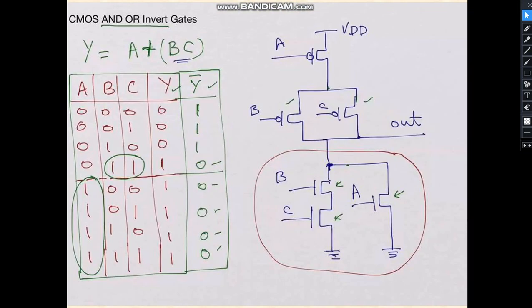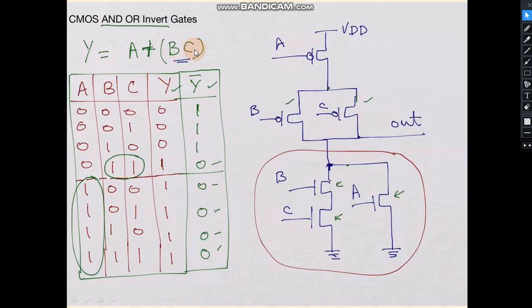This is basically the CMOS implementation of the expression y equal to a plus b dot c, where b dot c is in brackets. So this is the AND operation of b and c, and a is in OR operation with b and c.